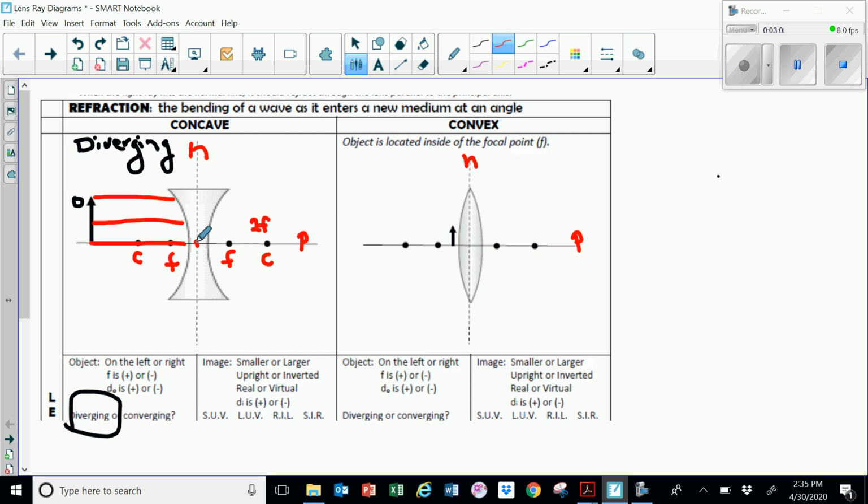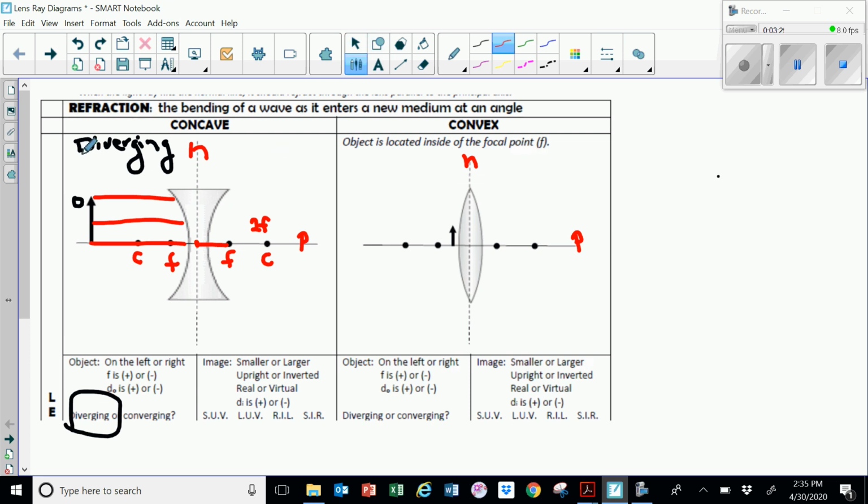The focal length is the distance from the vertex to the focal point. There are 2 of these, one on each side. They're the same distance from the vertex, and the center of curvature is twice the focal length. Those are the definitions you need to think about when you look at these.